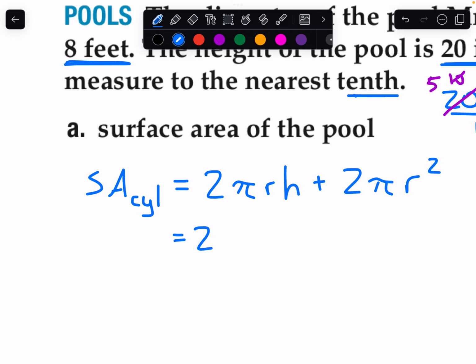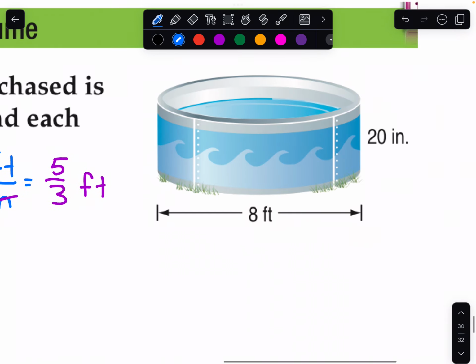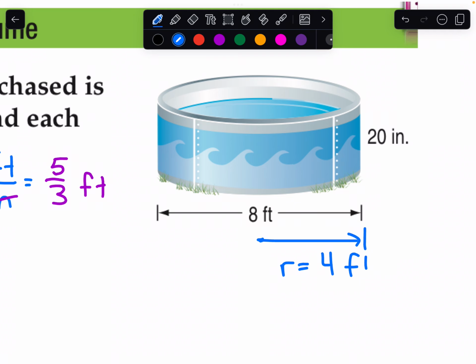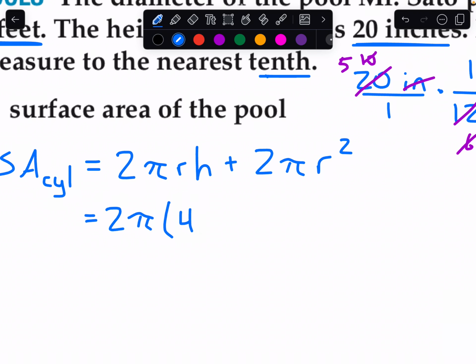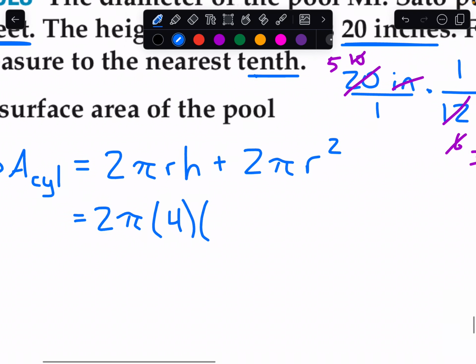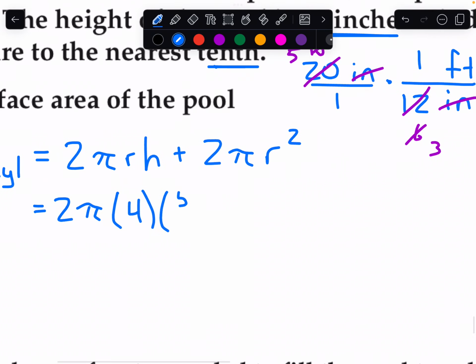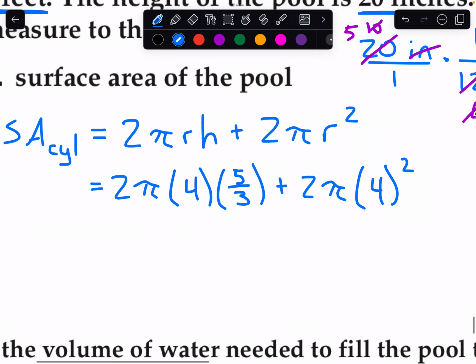So in this case, our radius, if the diameter is 8 feet, that means the radius is half of that, 4 feet. So we have 2 times 4 times the height, 5/3, plus 2 times pi times the radius of 4 squared.